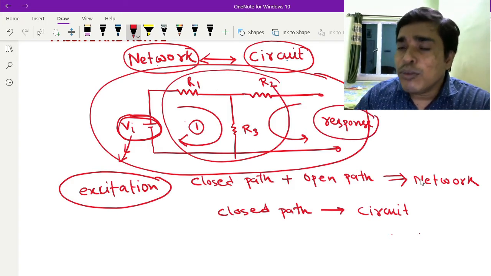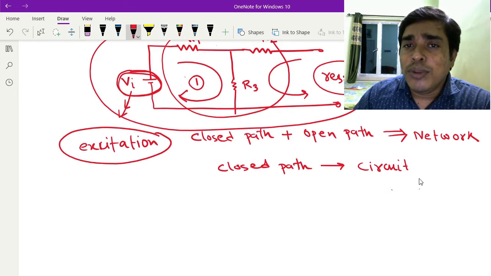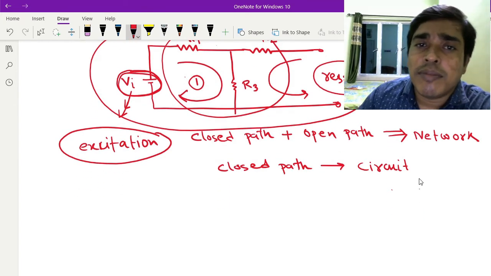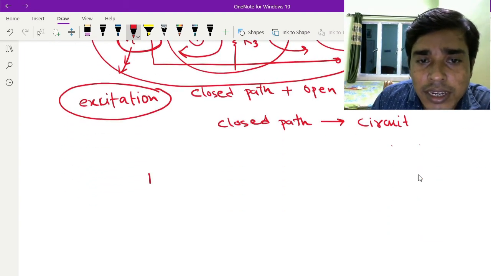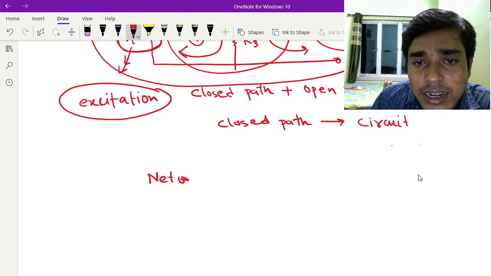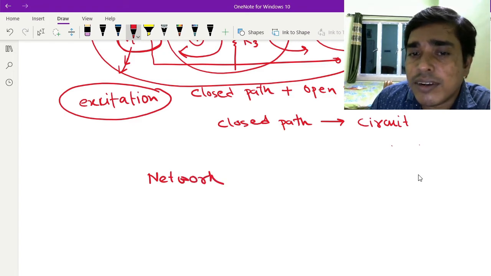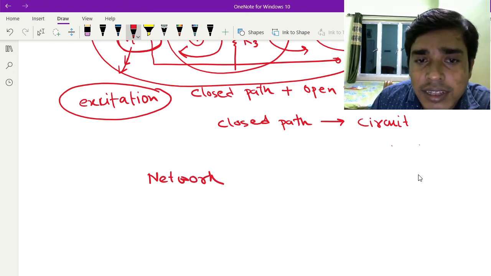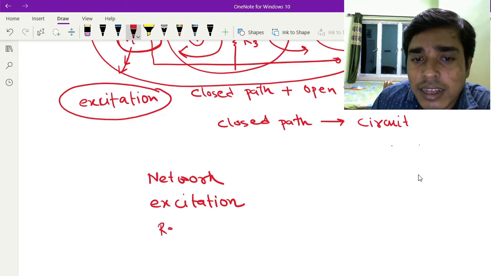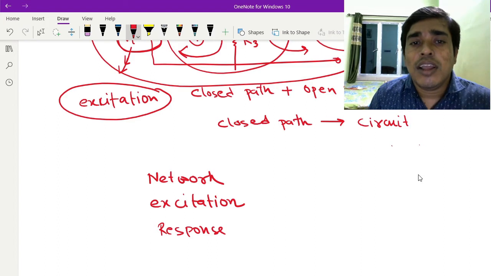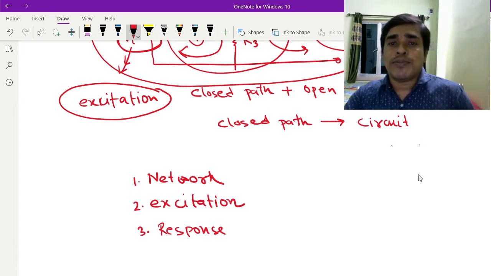So in network theory we have three parameters: one is network, another is excitation, and the other is response.